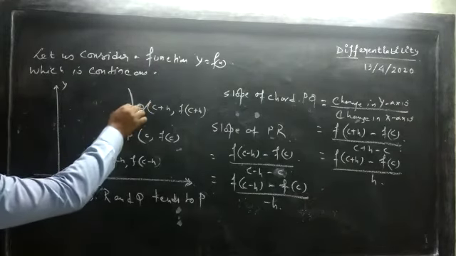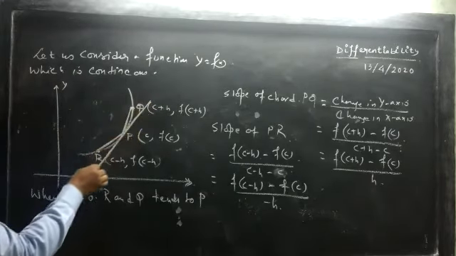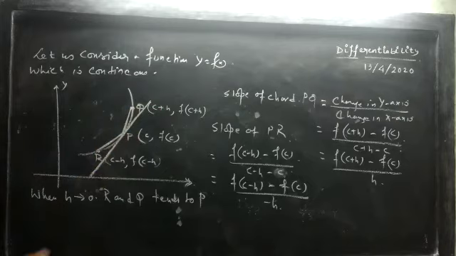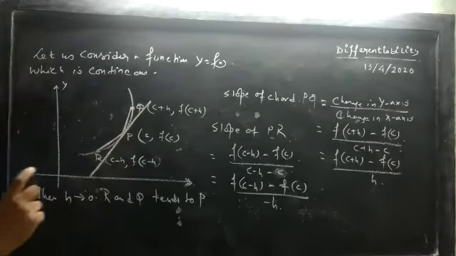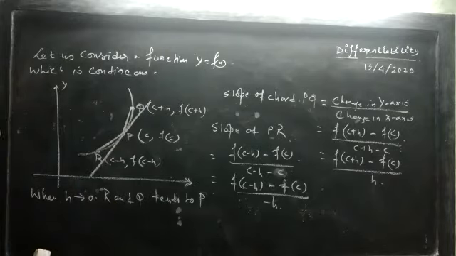So instead of having the slope of this and this, we can directly say it is equal to the slope of the tangent, when this distance and this distance are very, very small. That means h tends to 0. So we write a statement here.